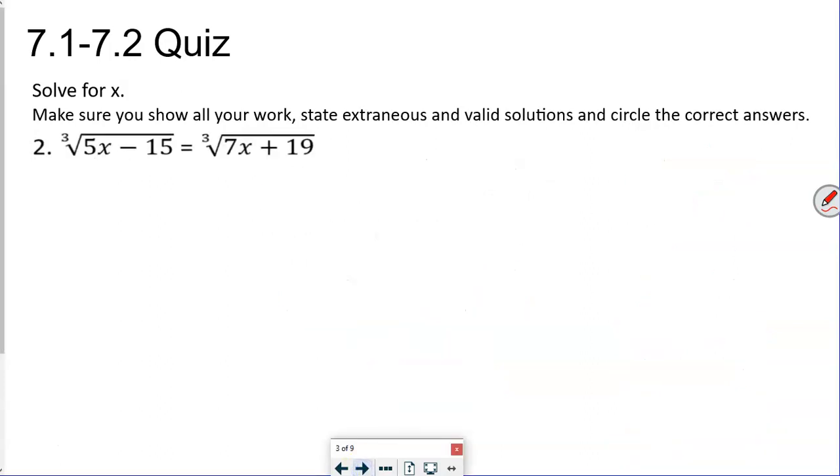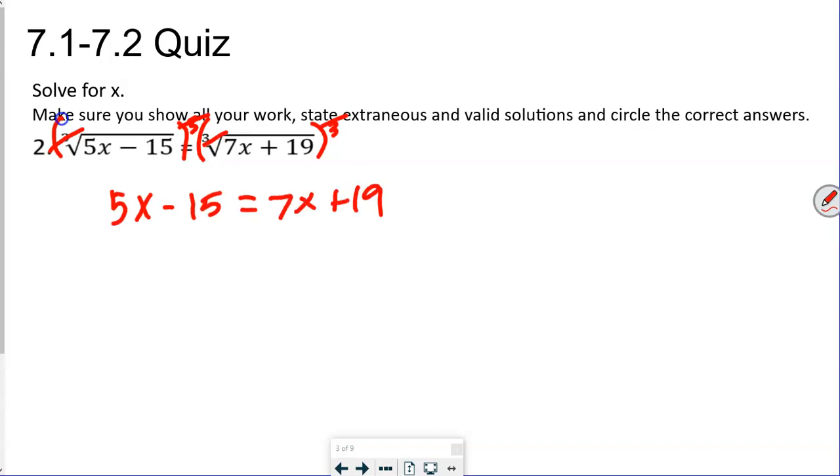So number 2, this one, because it's a cube root on both sides, we can go ahead and cube both sides. So I'm going to cube this one, and I'm going to cube this one. When I do that, again, remember these cancel each other out, so we're left with 5x minus 15 equals 7x plus 19. I'm going to subtract the 5x from both sides, so now that's gone from there.